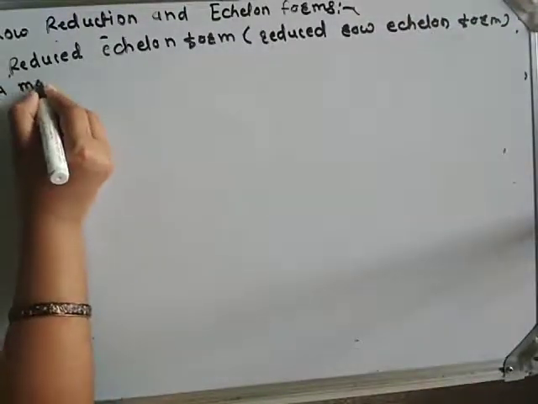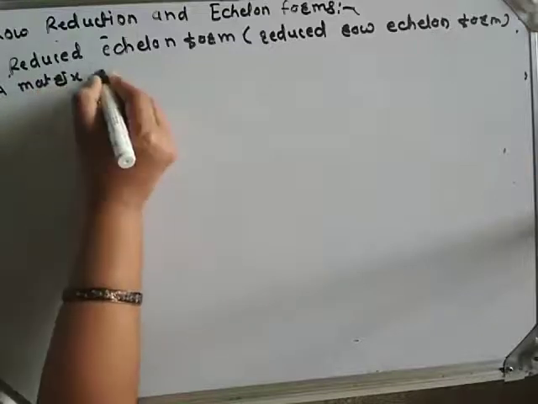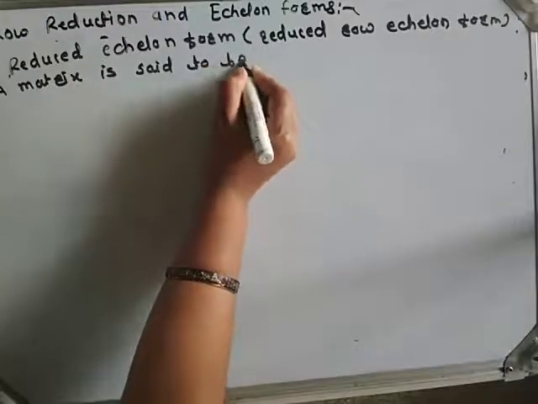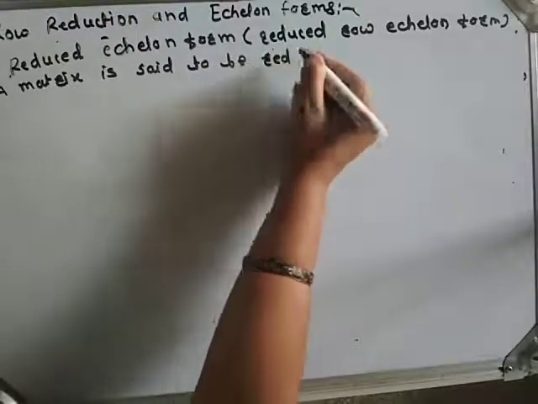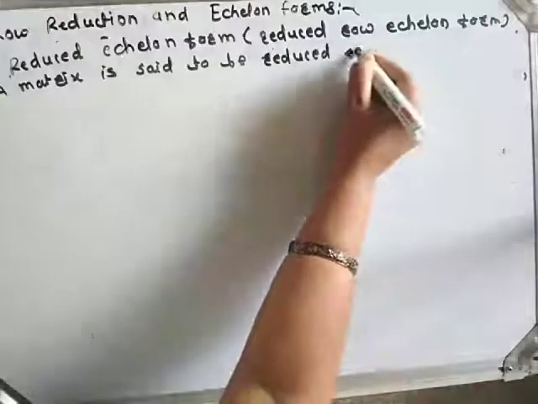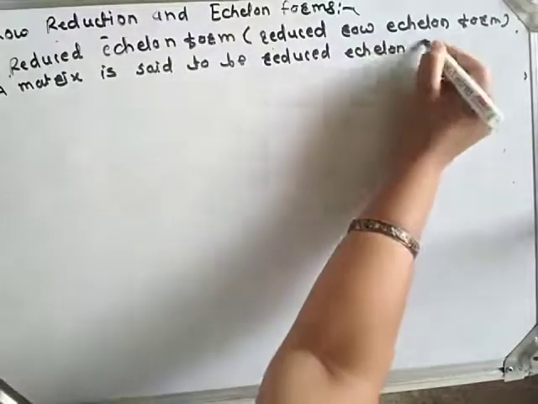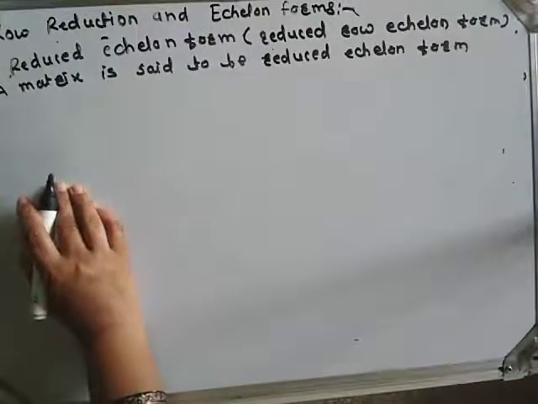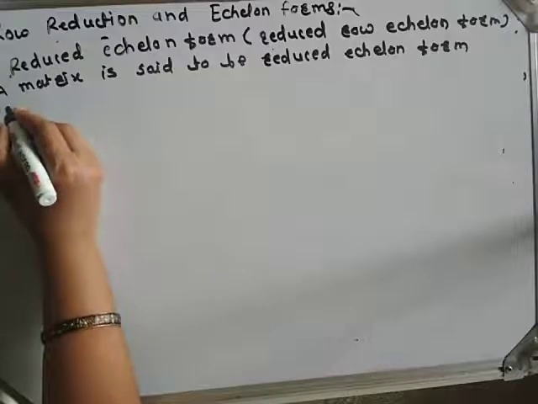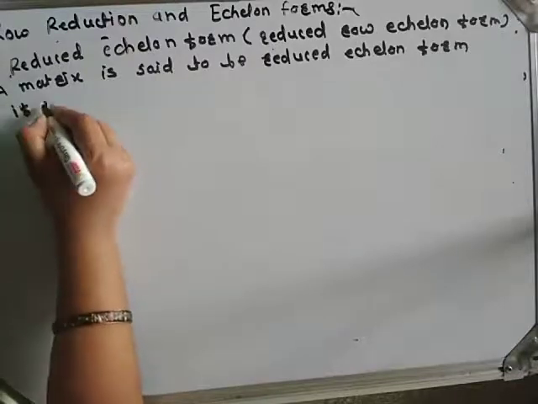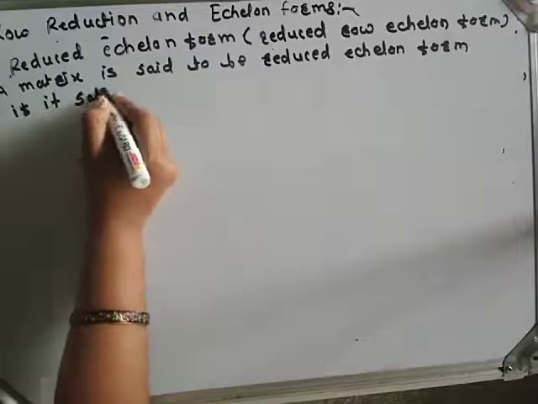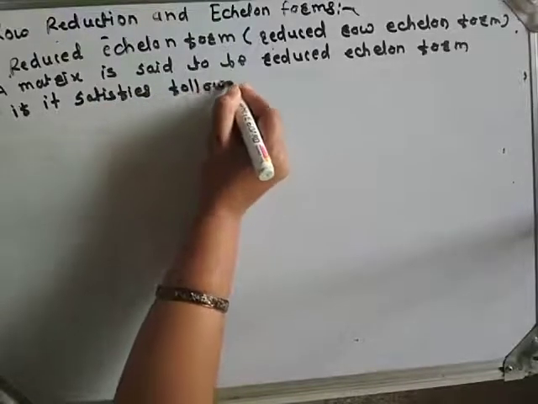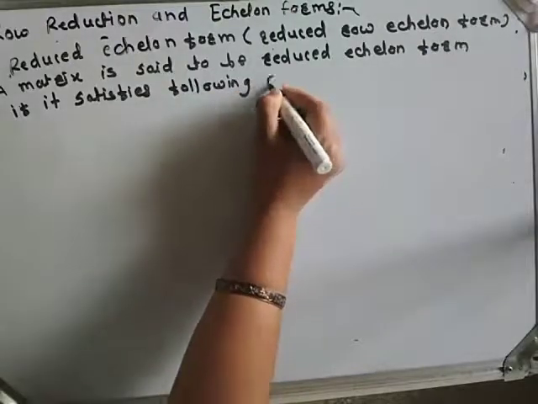A matrix is said to be in reduced echelon form if it satisfies the following conditions.